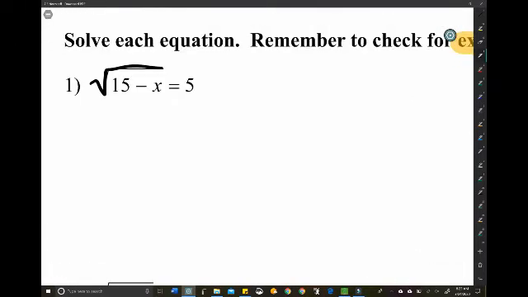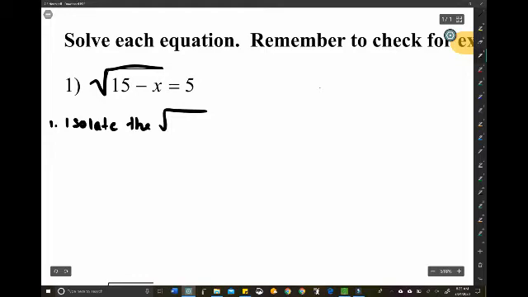If you don't have this printed out, you can certainly just write it down: square root of 15 minus x equals 5. On a separate sheet of paper or this printed out, let's get started. First, you want to isolate the square root, which we're already done. The square root is by itself.